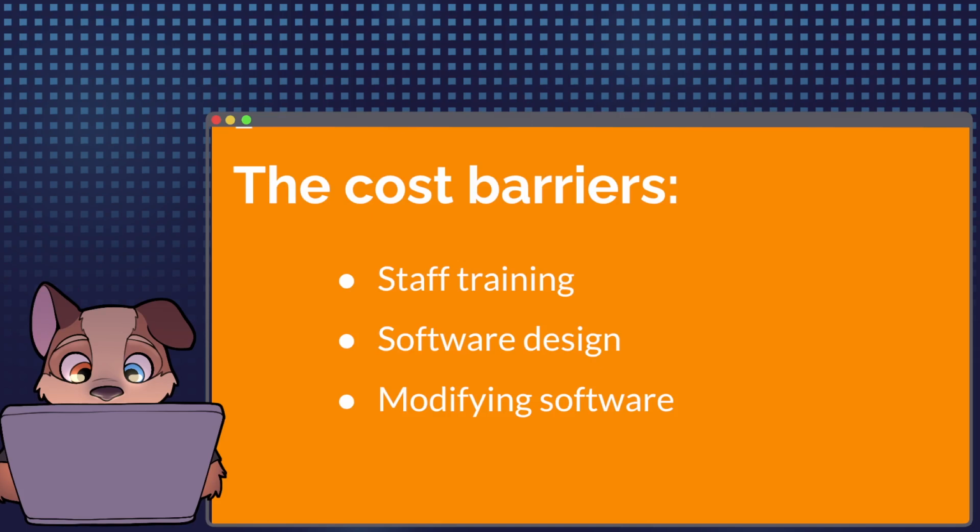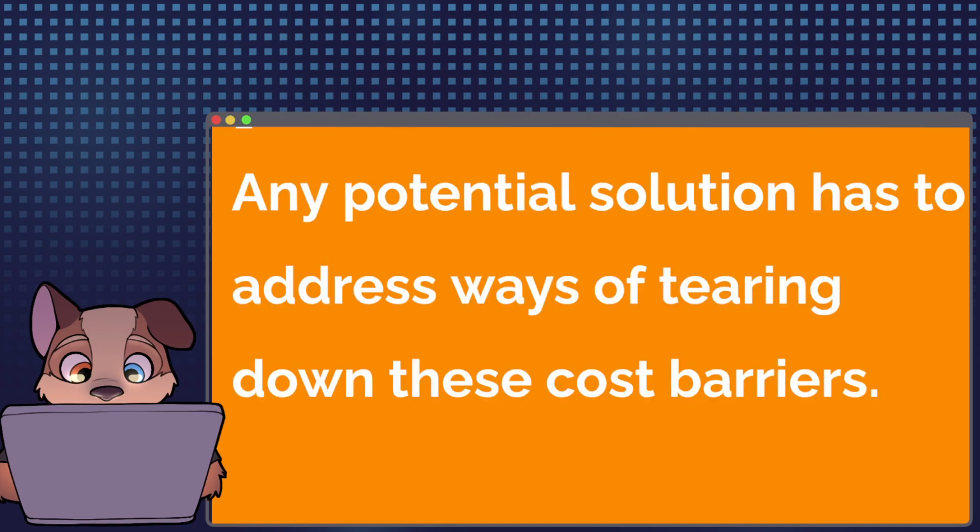So again, I think a good RAMP stack addresses all of these barriers, because any potential solution has to address ways of tearing down these huge cost barriers so that everyone in the community has access to the technologies that they need.